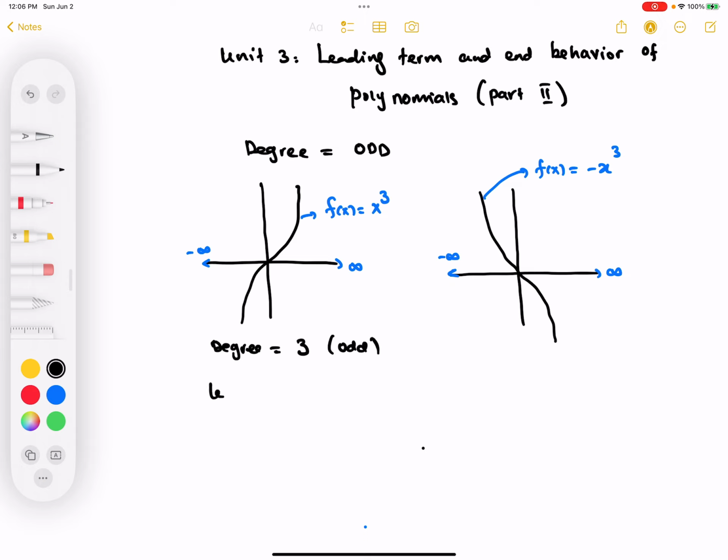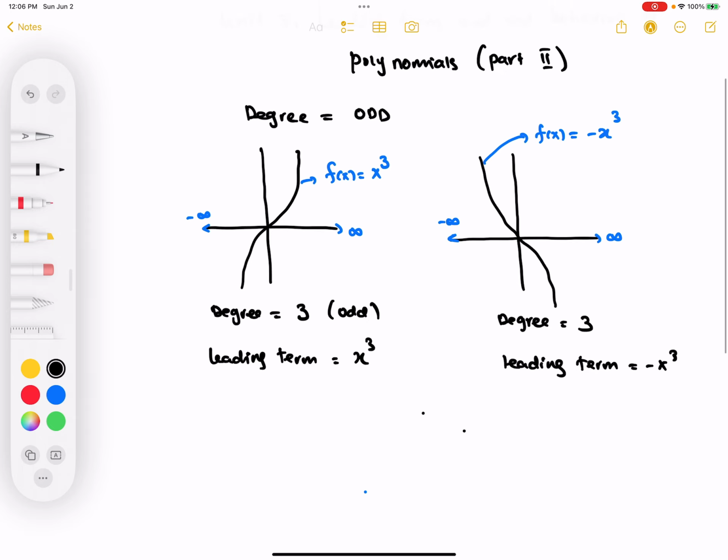And the leading term is a positive coefficient, whereas this one, the degree is 3 and the leading term is negative x cubed. Pay attention to the negative part.